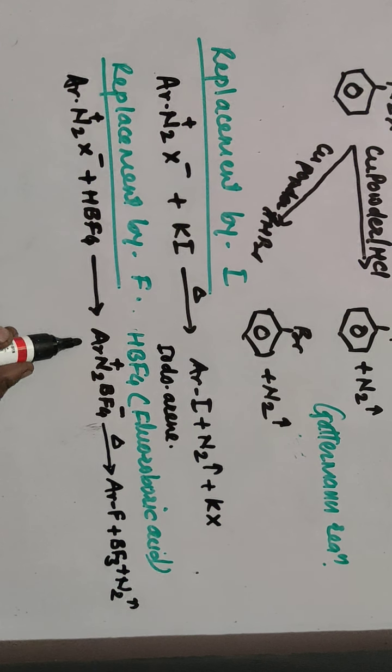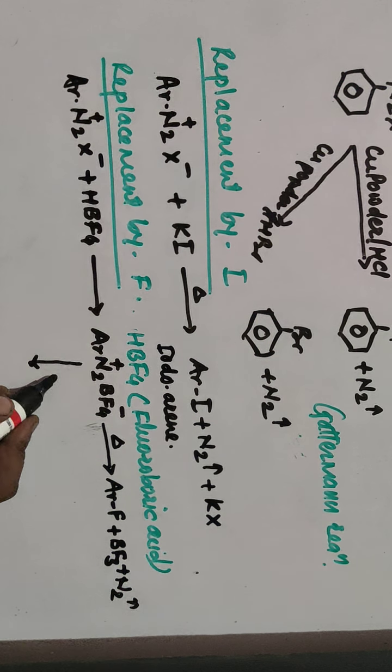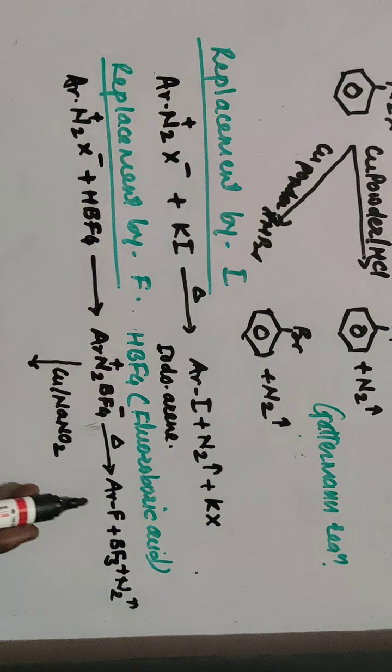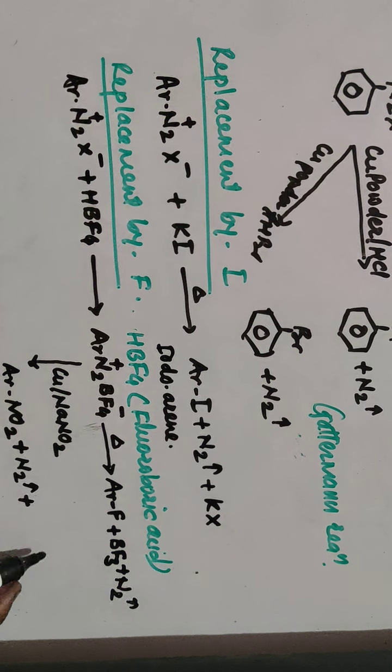This compound is your diazonium fluoroborate. When it is heated with copper in NaNO2, sodium nitrite, then instead of the fluoro compound, you will get the nitro compound, nitrobenzene, ArNO2, plus your side product nitrogen gas, plus one more product, NaBF4.